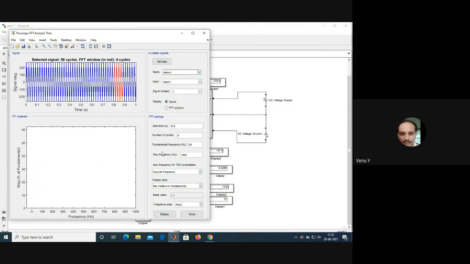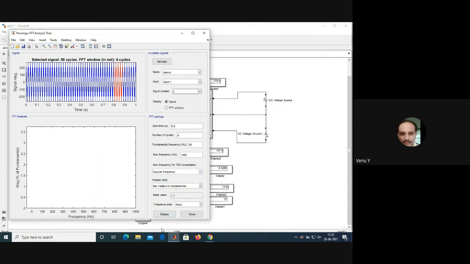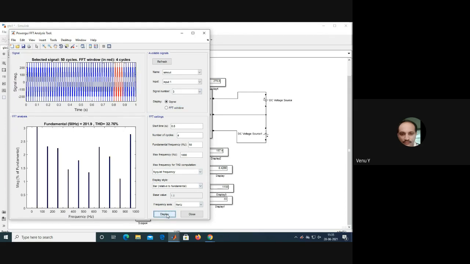Sim output 1, voltage harmonics 34.51. Sim output 2, 32.76. For 3, it is 32.76.